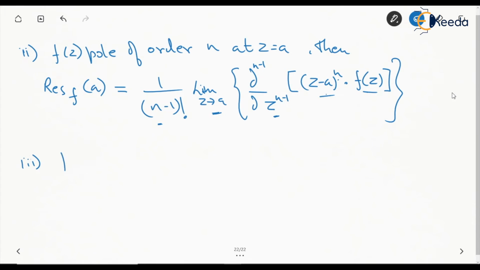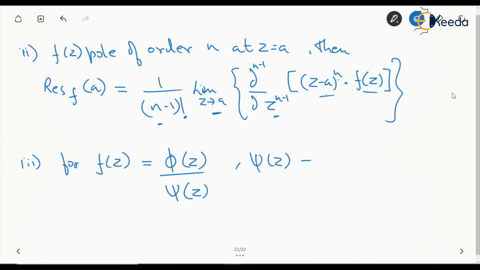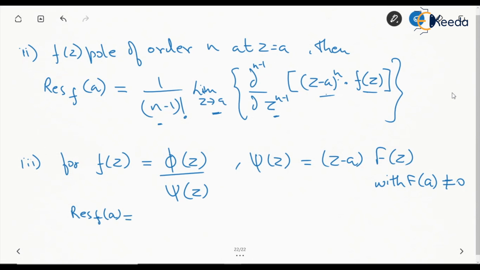Other than that, let's say for f of z taking a form of phi z by psi z, where psi z is given as z minus a times of f of z with f of a not equal to 0, then this residue at a is given as phi a divided by first derivative at a of the function psi.